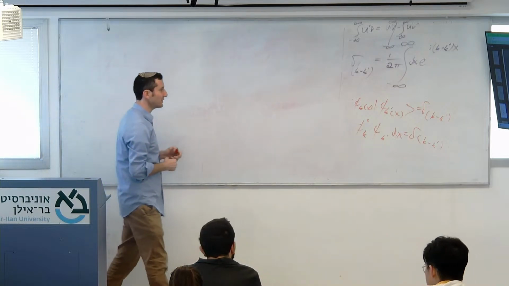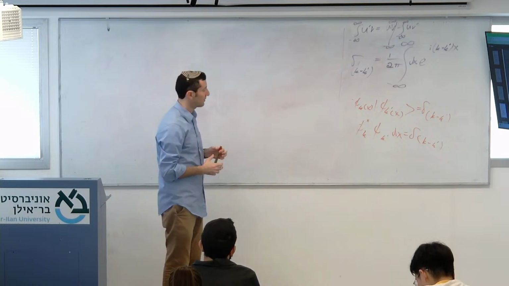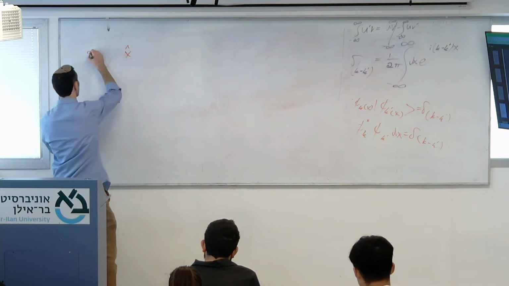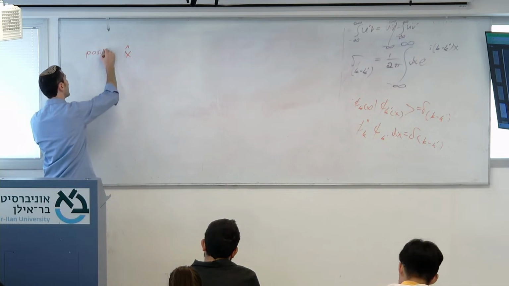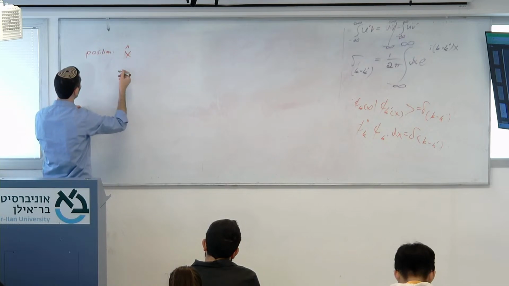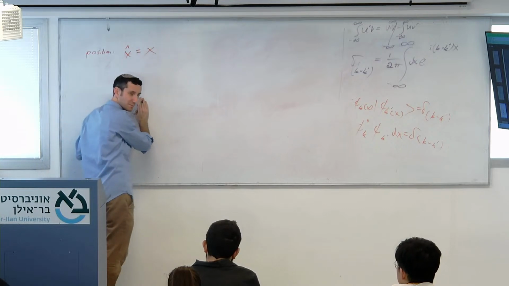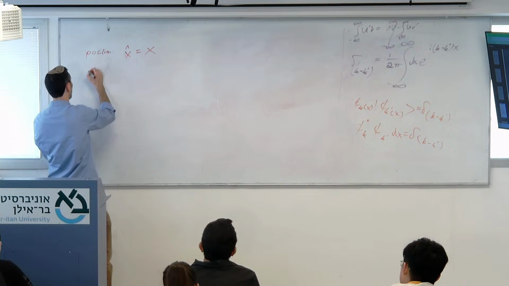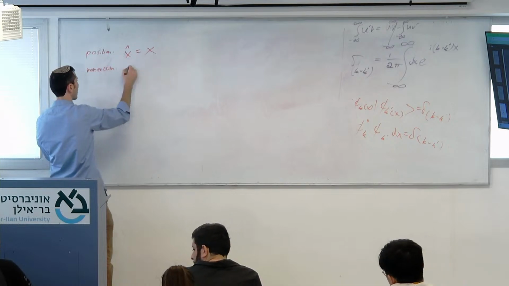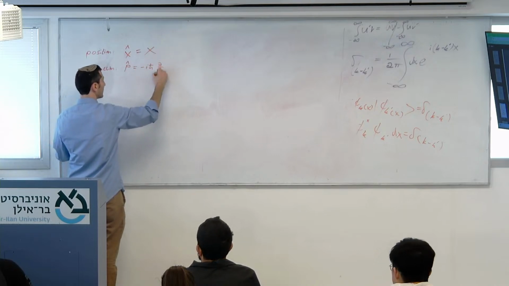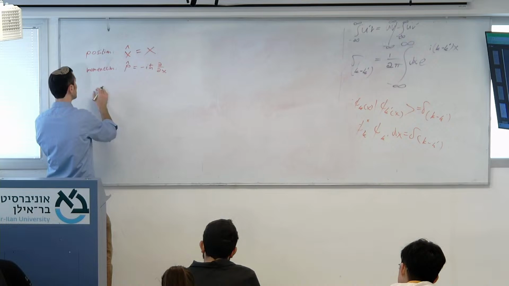Now let's see some operators. The operator of position, x operator, is going to be simply multiplying by x. The momentum, we already saw that p is minus i h bar d/dx.